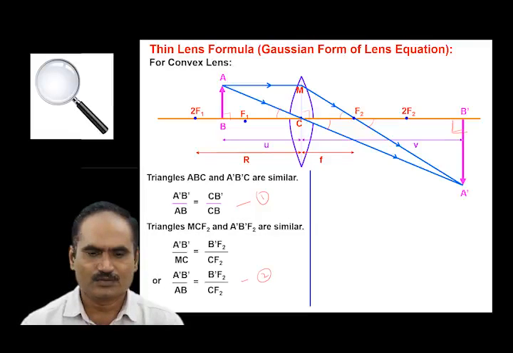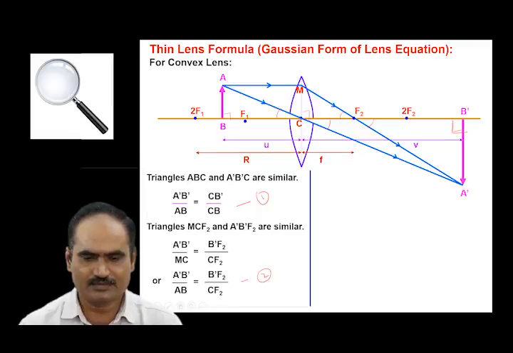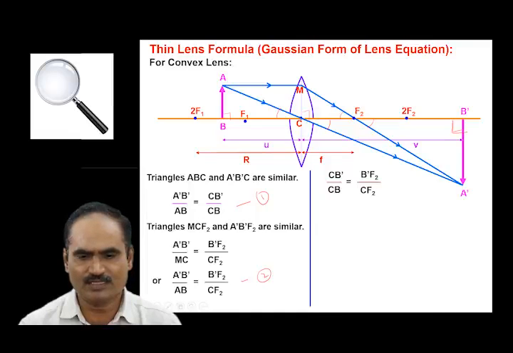So comparing these two equations, the left hand sides are equal, so obviously the right hand sides must be equal. Therefore we can write CB dash by CB is equal to B dash F2 by CF2.